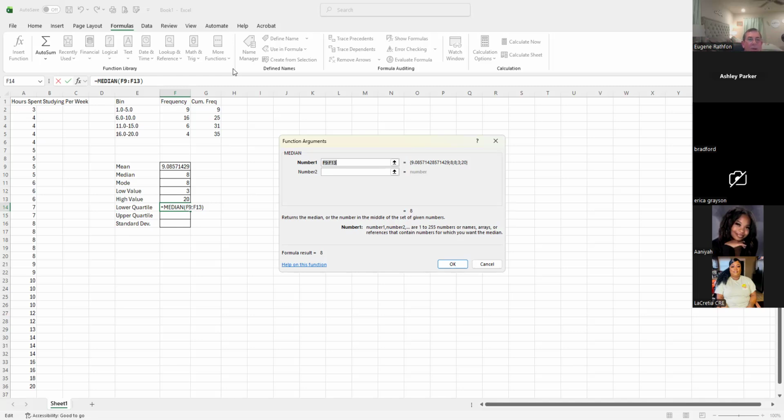All righty, y'all. So if you wanted to learn to do the charts now, you would hit the insert. And I'm just going to do a chart based off of what I got right here. So go to insert.